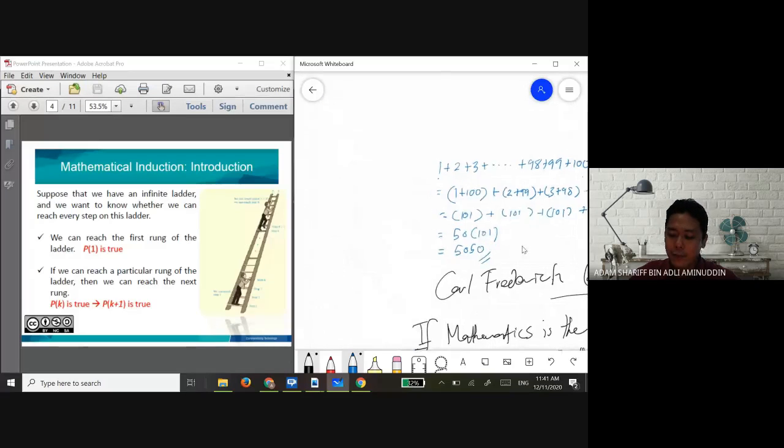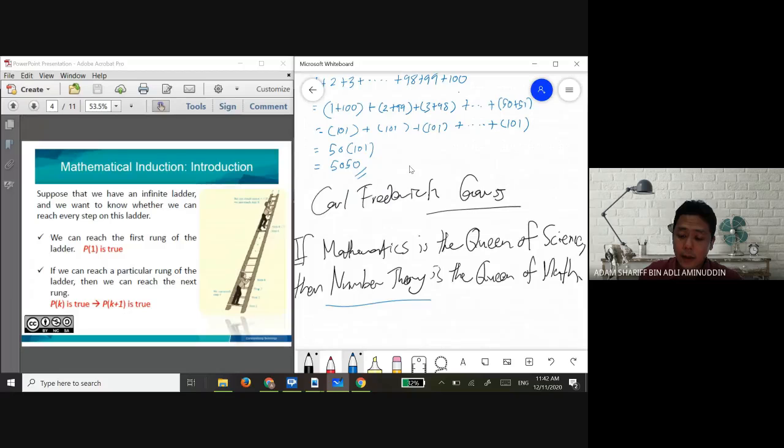If you try to put it into the formula, sorry, it will be 100 times 100 plus 1 over 2.